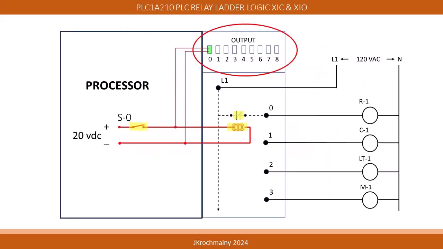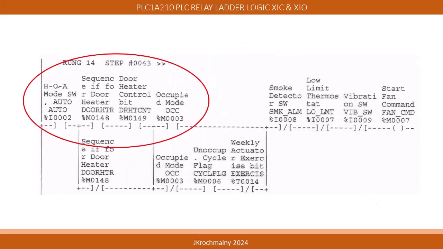The PLC processor command involves the closure of the S0 switch, allowing for the electromagnetic effect of the output module coil, and therefore closing the normally open switch to output module termination 0. This could be considered a typical PLC relay ladder logic set of instructions, utilizing the examine if closed statement.